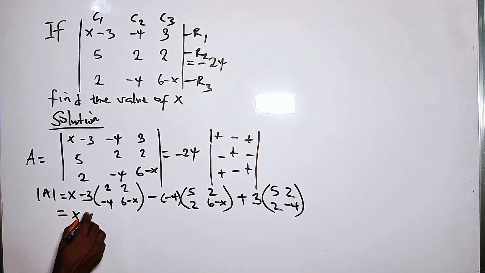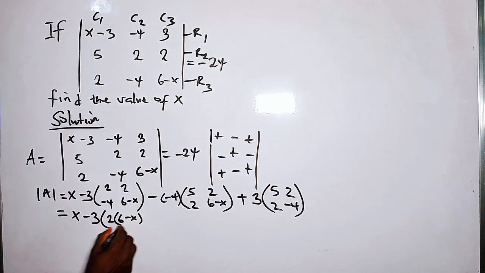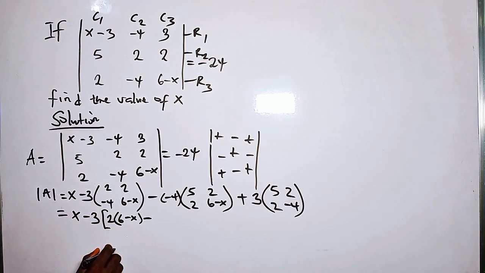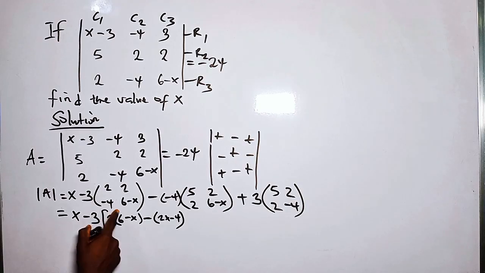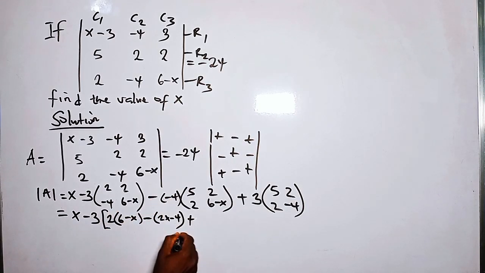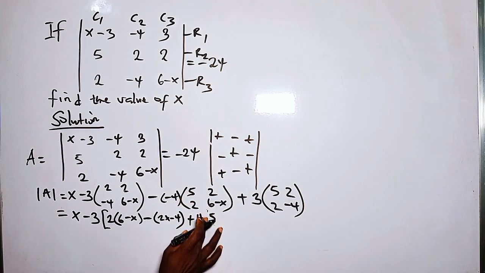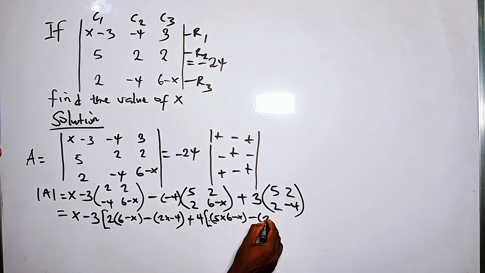So let us work this out. We have x minus 3, so we multiply 2 into 6 minus x, minus, in a square bracket, 2 times minus 4, minus times minus is plus, so 4 into 5 times 6 minus x, minus 2 times 2.